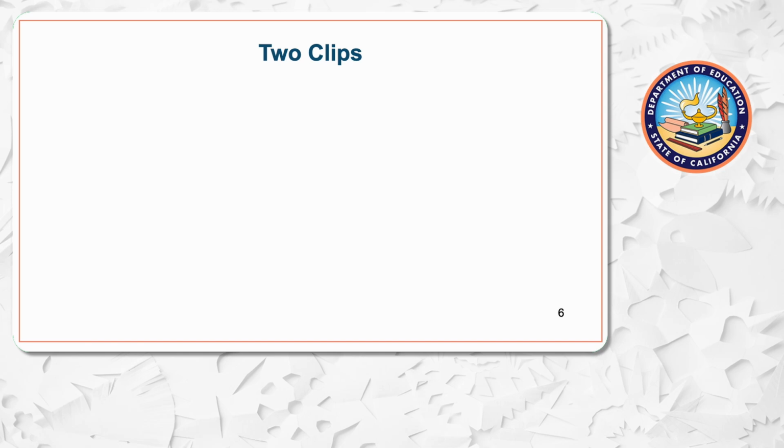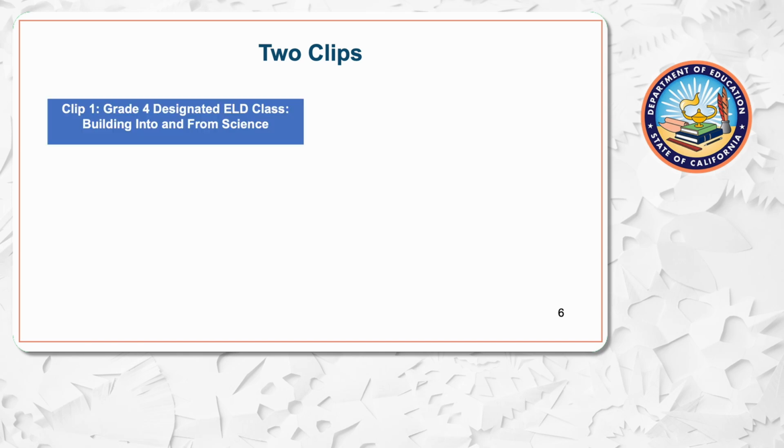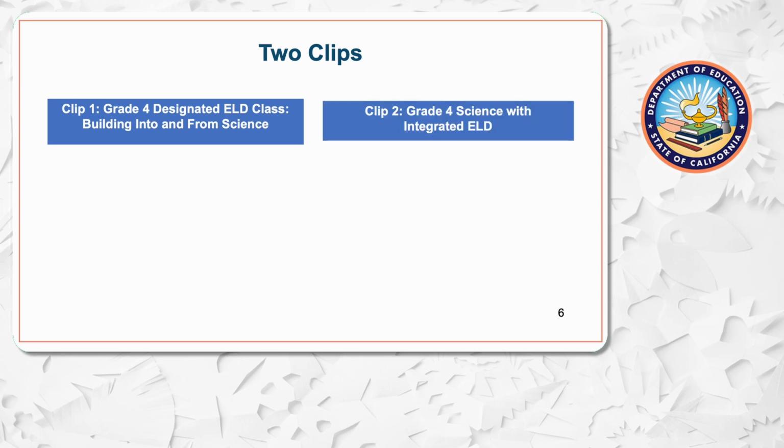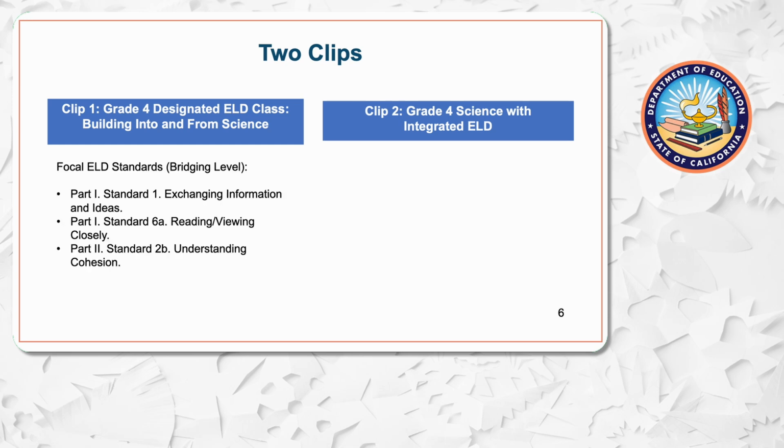We will now watch two clips. First, we'll watch a clip in which the student engages in a reading activity in a designated ELD lesson. The lesson builds into and from the science content in the second video clip. For the designated ELD instruction, the focal ELD standards driving the lesson, all at the bridging level, are Part 1, Standard 1, Exchanging Information and Ideas.